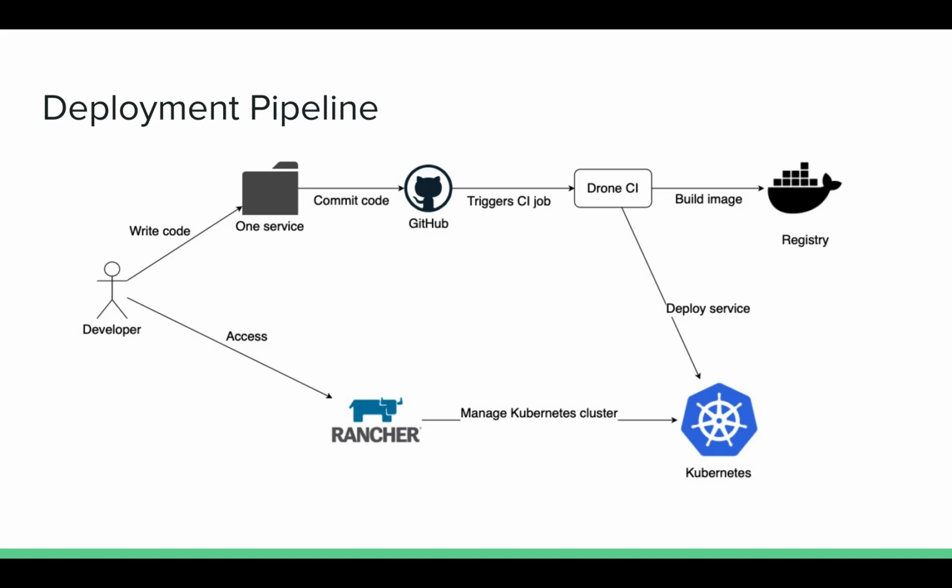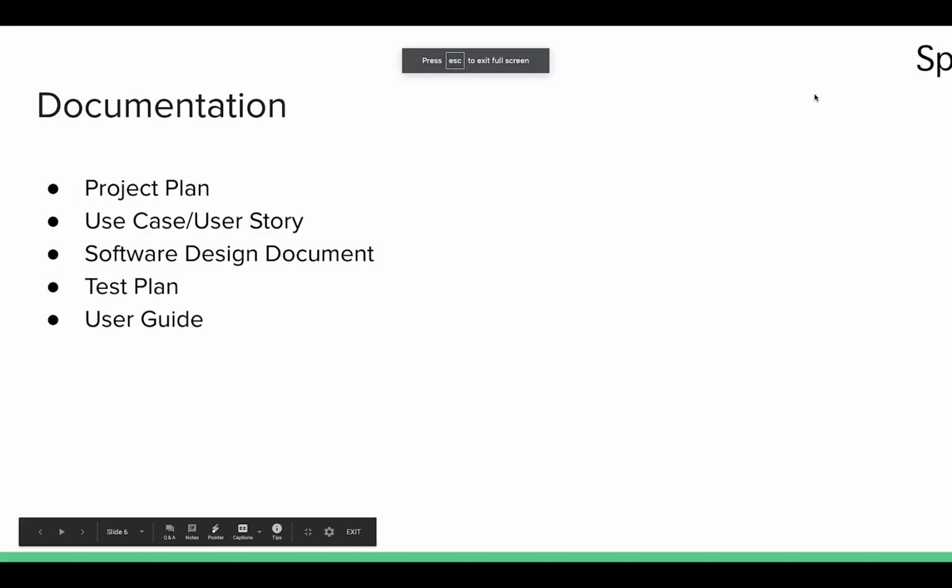Then Drone CI will deploy the service to the Kubernetes computing platform. To manage the Kubernetes computing cluster, our developers will use the Rancher admin panel. Users will be able to access our Data Scraper web application via a URL hosted on Kubernetes.